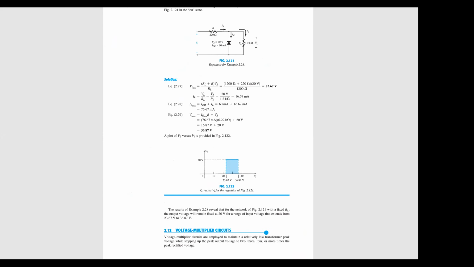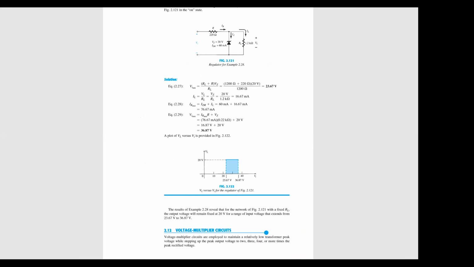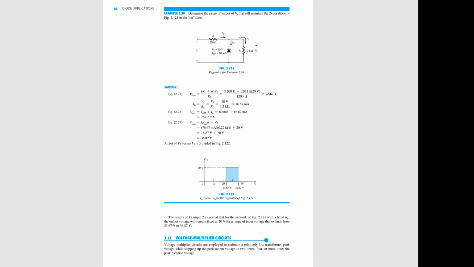These examples are basically the assignment for this week. Before that we have example 2.23, then example 2.26, 2.27, and 2.28. So these are basically the assignments, right? Are you with me? Yes, sir.